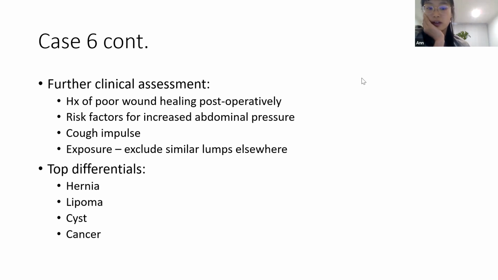Does she have any risk factors for increased abdominal pressure, like obesity, occupations where you have heavy lifting, or any previous pregnancies that would weaken the abdominal wall? On exam, is there a cough impulse? And looking at, are there any other lumps around her body? So thinking hernias, lipomas, cysts, or cutaneous manifestations of different forms of cancer.